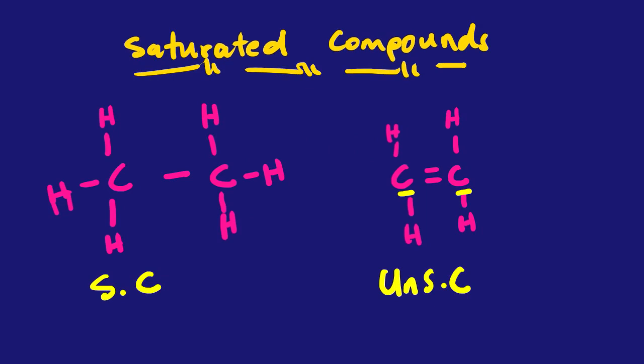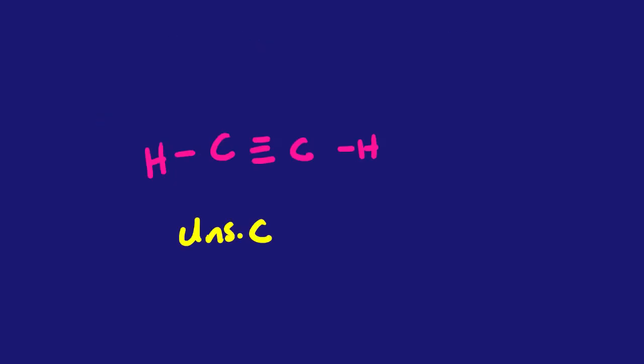To go through this again, a compound in which there are no multiple bonds between carbon and carbon, which is this one, only has a single bond, it is a saturated compound. This one with multiple bonds, which is a double bond in this case, is unsaturated, and also this one is unsaturated since it has a triple bond.